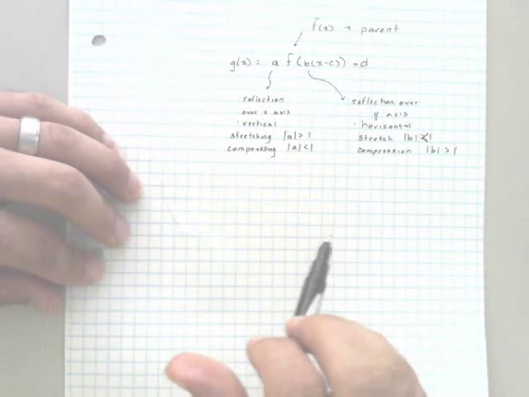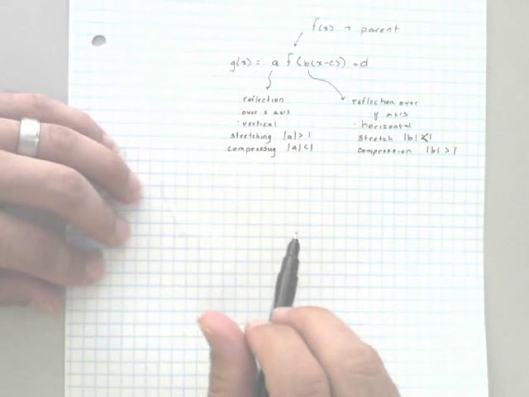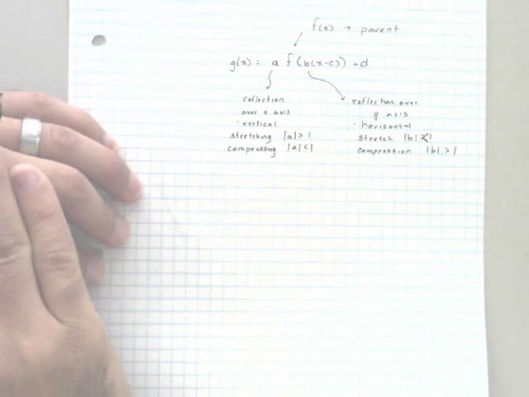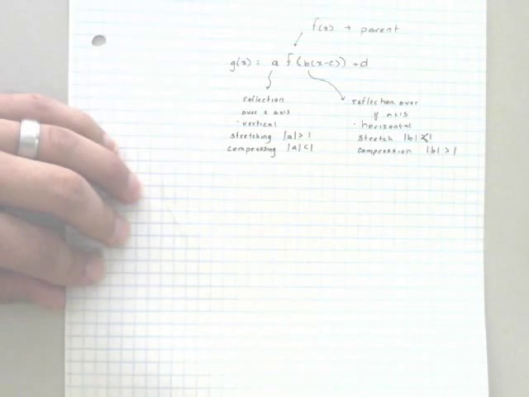So I say absolute value of a and b because the negative just tells us if we're reflecting. The numerical value tells us if we are stretching or compressing.